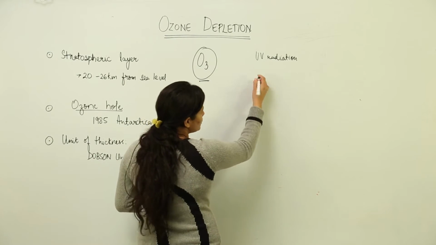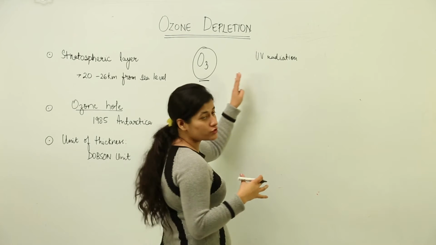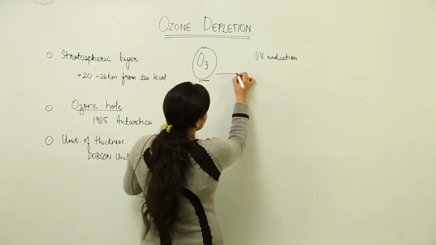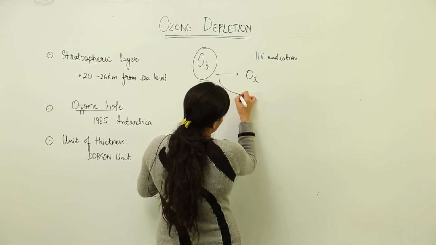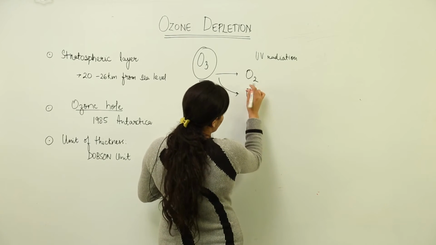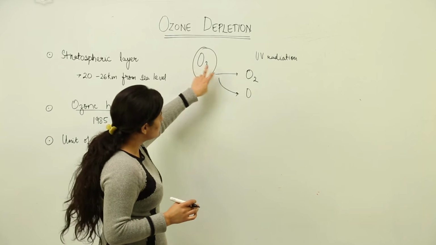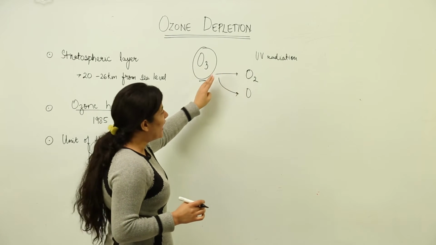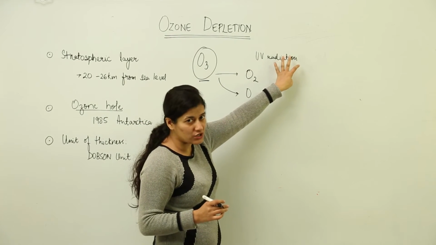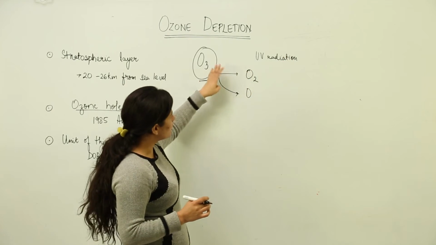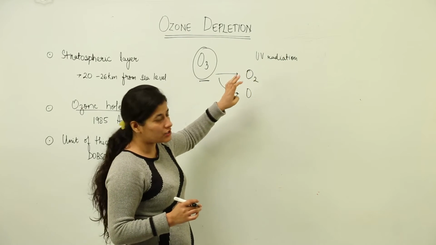So this O3 is present as a sheet. When the UV radiation falls on it, it causes the photodissociation of this O3 into O2, that is molecular oxygen, and nascent oxygen. As soon as the UV radiation falls, photodissociation takes place and the heating effect of the UV radiation is absorbed. That means this reaction absorbs the UV radiation's heat.